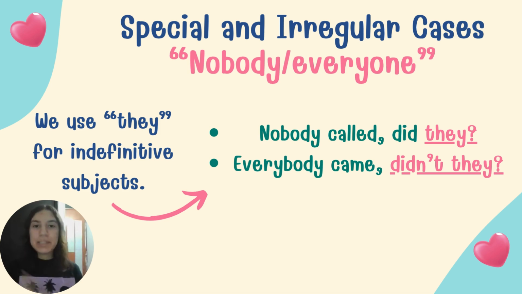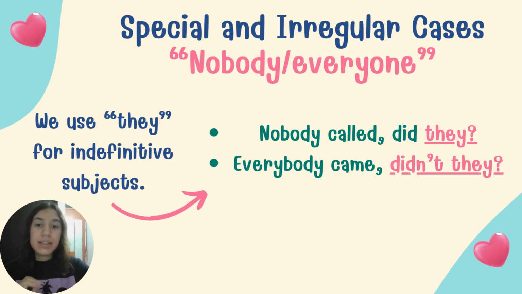And the last special and irregular case is when we use nobody or everyone. For example, we use they for indefinite subjects. And we use the auxiliary verb of the sentence. For example, the first one, nobody called.